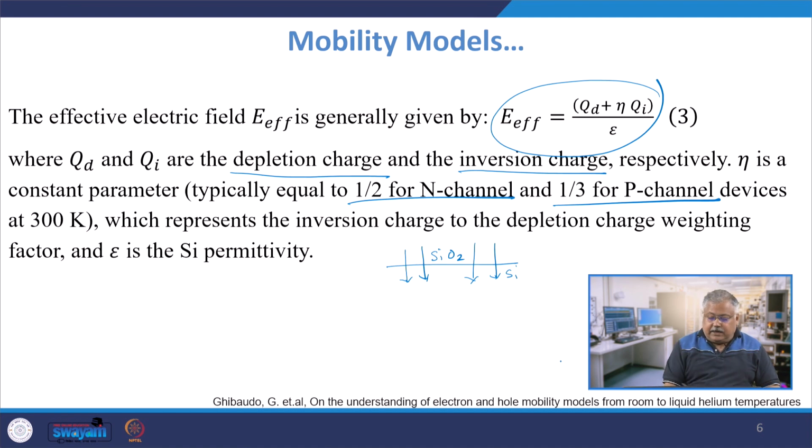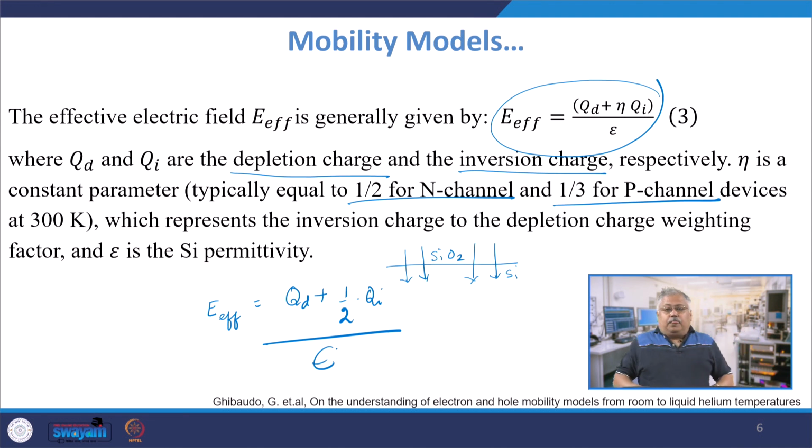So, if you take an N channel device, my effective electric field will be given as QD plus 1 by 2 times QI divided by epsilon. It effectively means that half of the inversion charge actually contributes towards the electric field in the transverse direction.